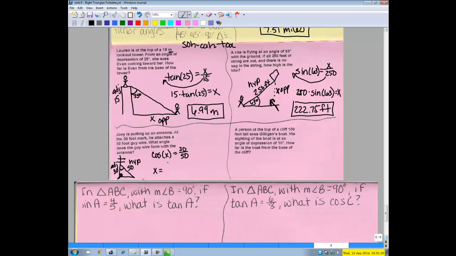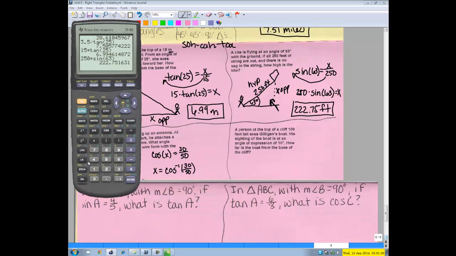And whenever we don't know the degree, we have to use the little -1. 30 over 50. Get out your calculator. Second cosine 30 divided by 50. Close your parentheses. Enter. And our degree, remember degrees, we round to the nearest degree, so it is 53 degrees.